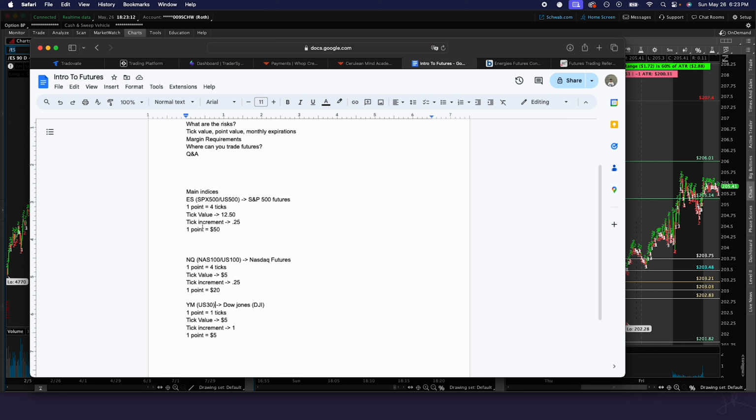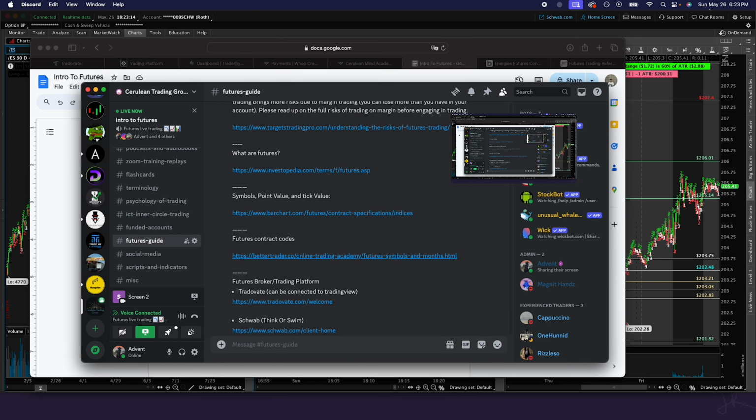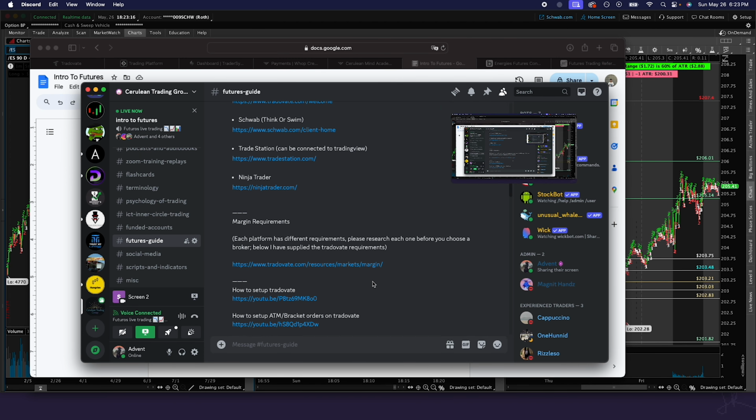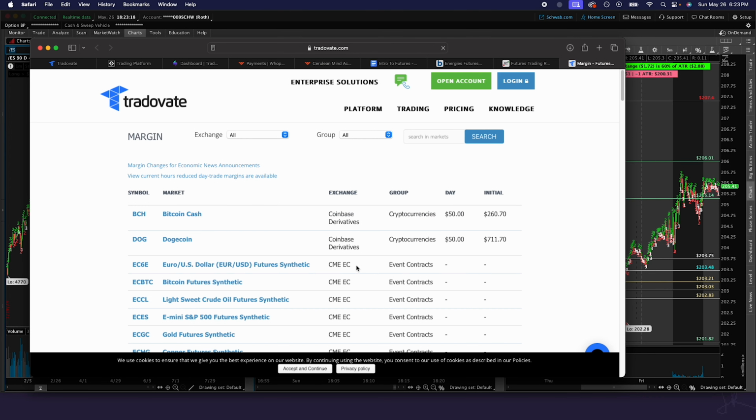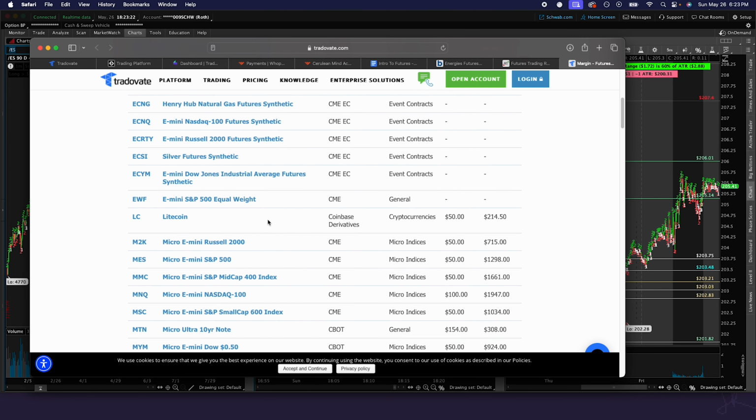Compared to, let's go to Tradovate. So on Tradovate, for example, let's go to ES. It's only $500 that you need to trade for the day margin. That's the amount of money you can add to your account to trade.